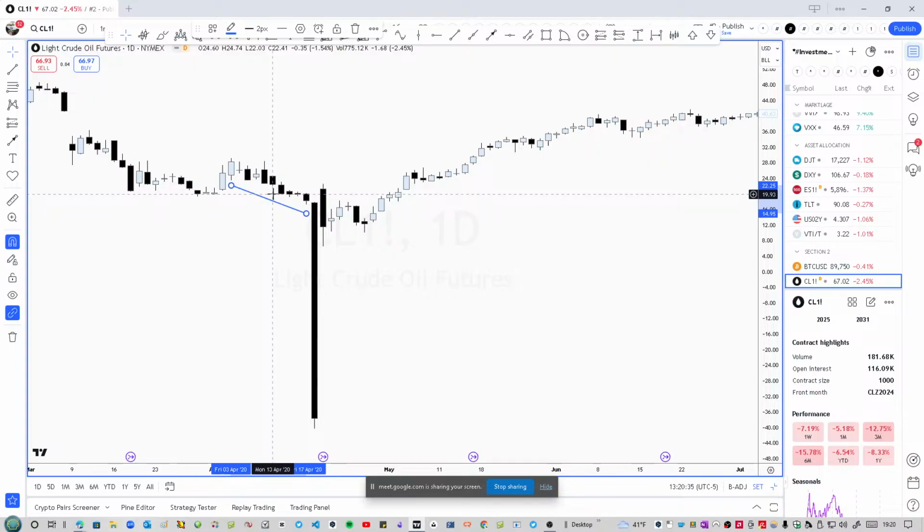And they even paid for the tanks on the boats, I think something around $40,000 per contract for oil.